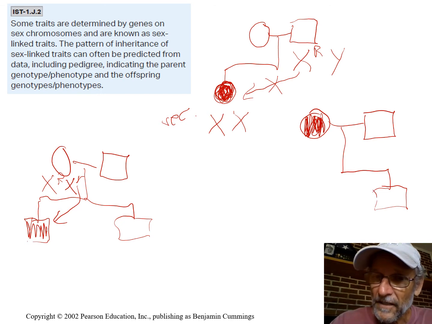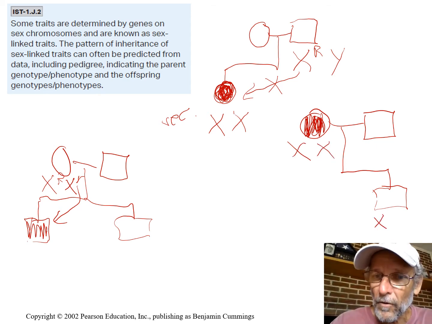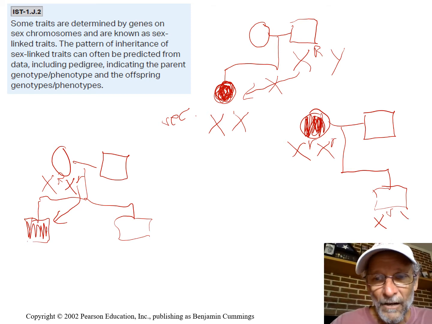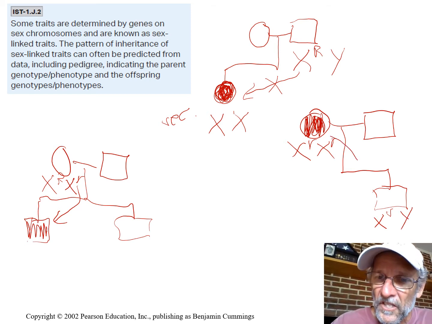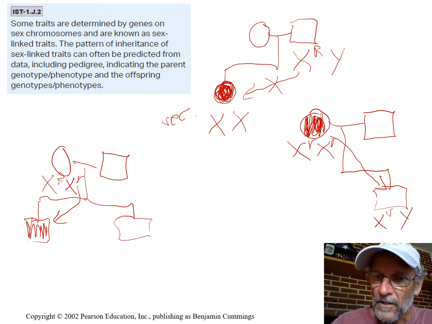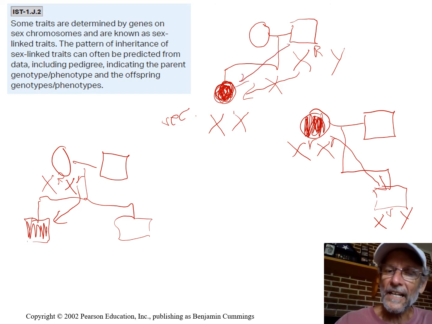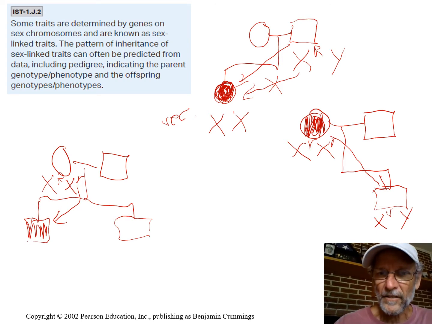If it's sex-linked, the X chromosome that this son got came from mom, and if she's recessive, that means both of her genes had to be recessive, and all of her sons would get that recessive gene, and that would be their only gene. So this pattern between moms and sons is the same as this pattern between dads and daughters. That tells you this can't be sex-linked, it has to be autosomal.